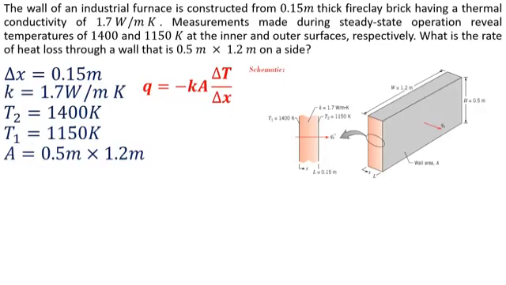In the previous slide, we learned Qx double dash equals minus K dT over dx. dT over dx is replaced by delta T over delta X. If delta X tends to 0, then this converts into dT over dx.